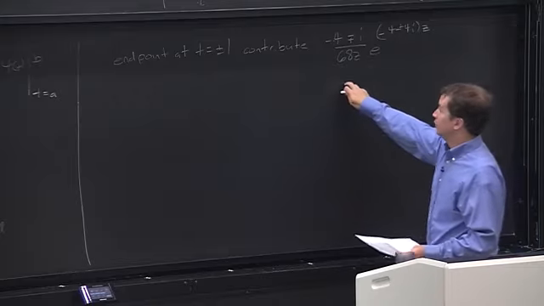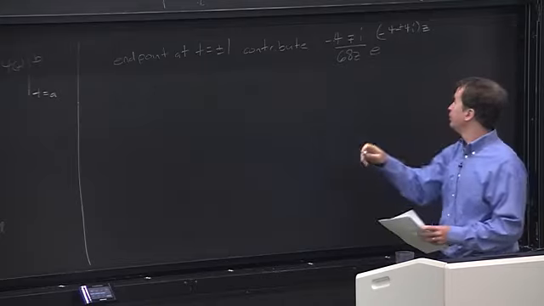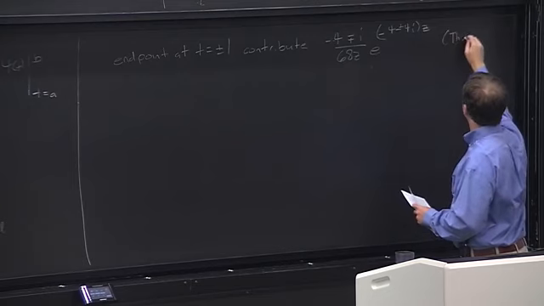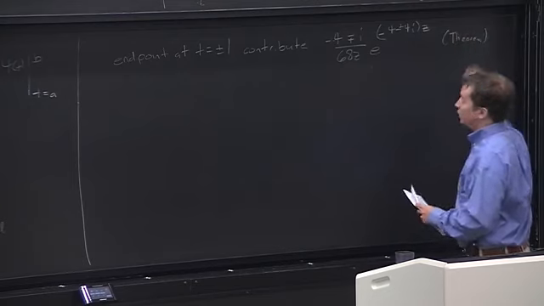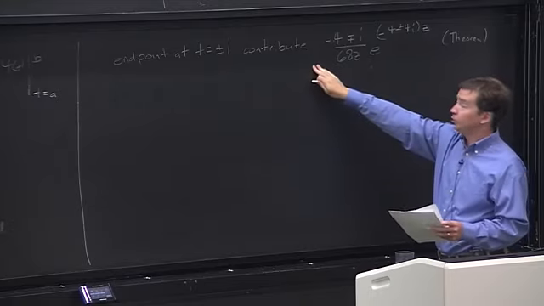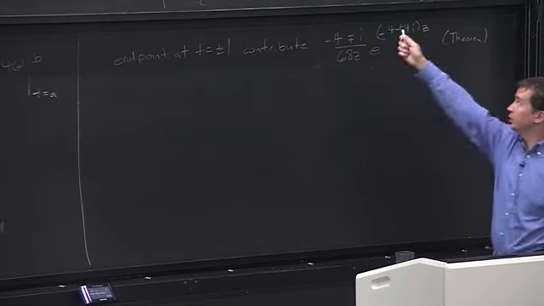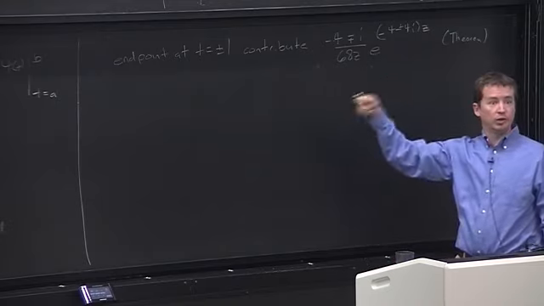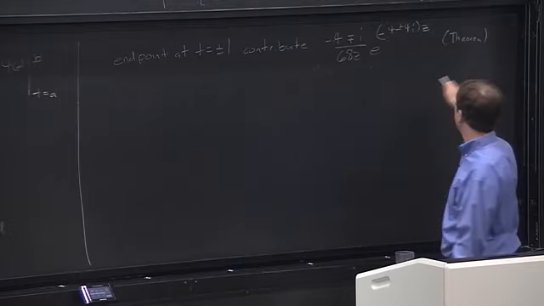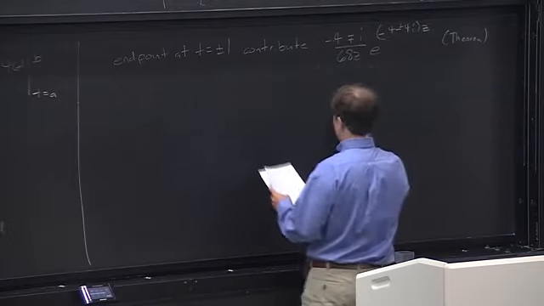Okay, so this comes from the theorem. And so there are 3 potentially interesting contributions to our integral: these 2 endpoint contributions and also our saddle point contribution. You compute the endpoint contributions from the theorem.